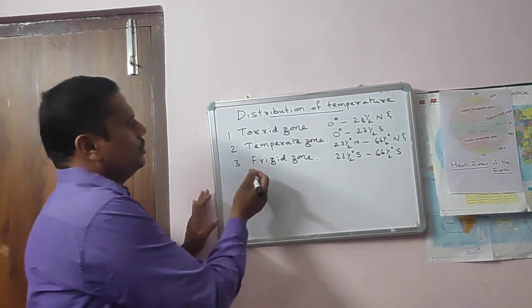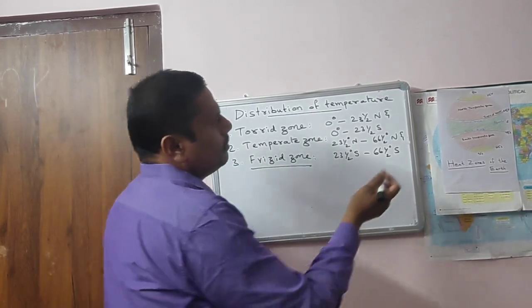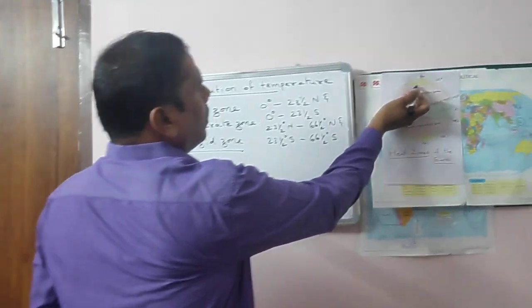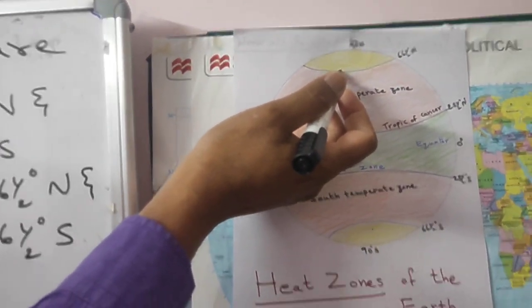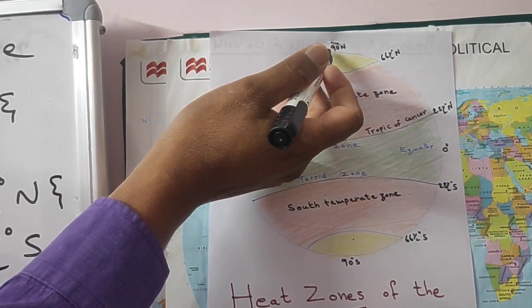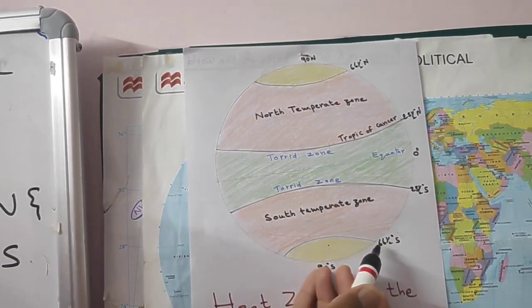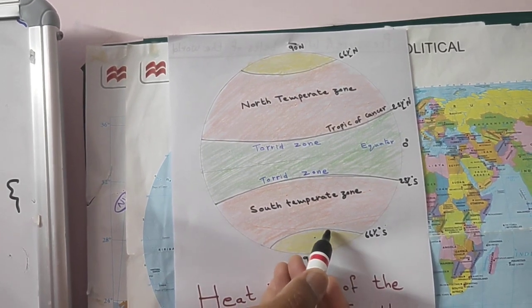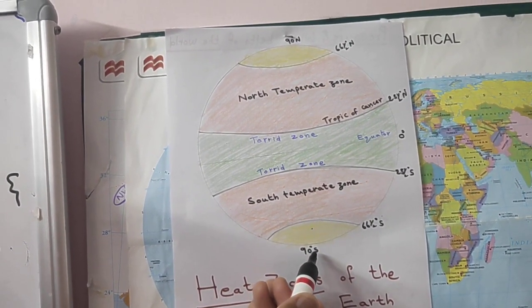Now coming to the third zone, frigid zone. The frigid zone lies between 66.5 degree north latitude, which is called Arctic Circle, to 90 degrees north in the northern hemisphere, whereas 66.5 degrees south, that is Antarctic Circle, to 90 degrees south, that is South Pole.